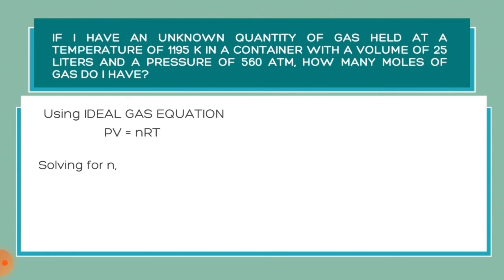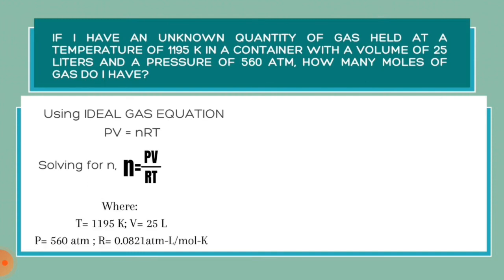In order to find n, let us divide both sides by RT. So the equation now is n equals PV over RT, where the temperature is 1195 Kelvin, the volume is 25 liters, the pressure is 560 atm, and R equals 0.0821 atm-L over mole-K.